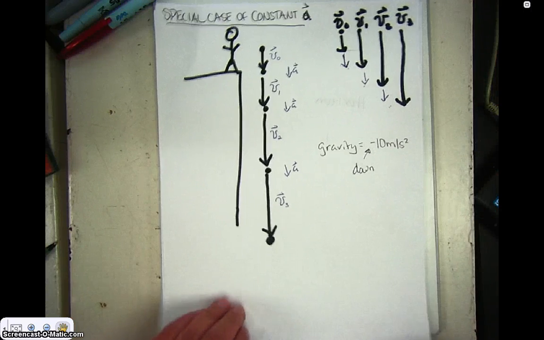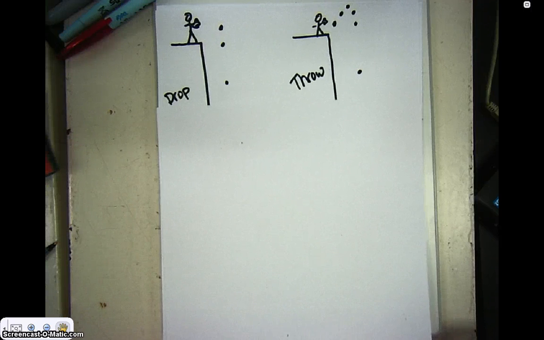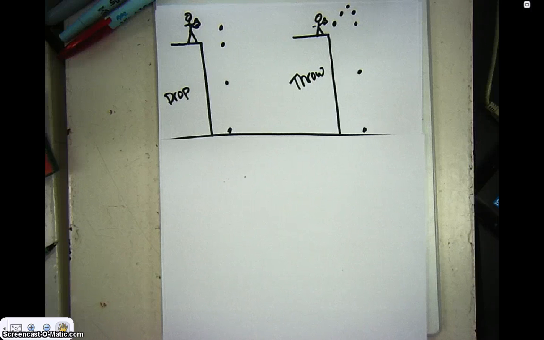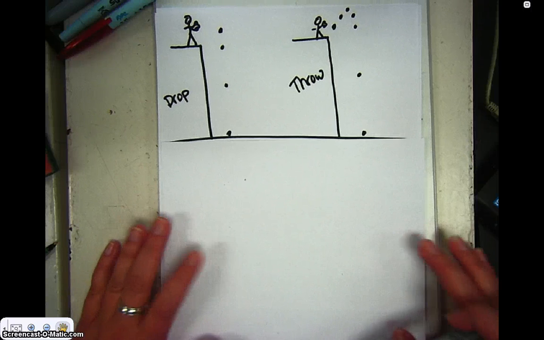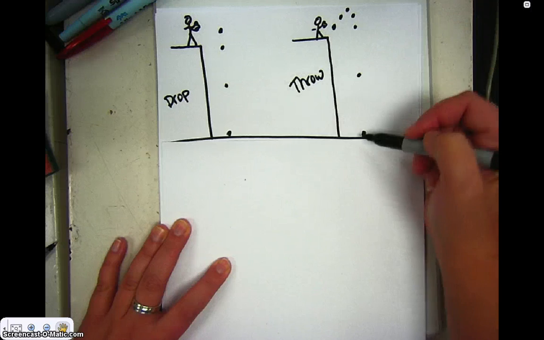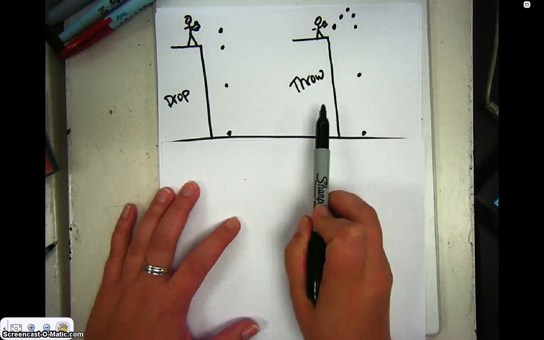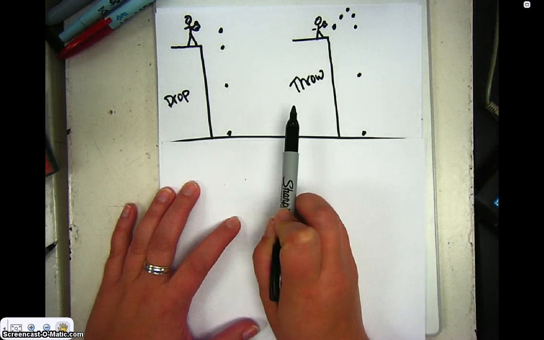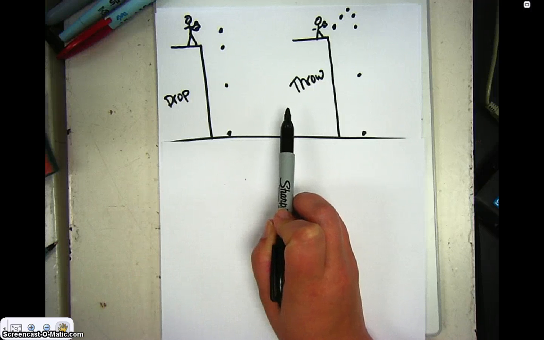Okay, so the scenarios that I'm going to give you are two scenarios. One where I am dropping a ball off the cliff, and another where I am throwing a ball up and off of a cliff. We're going to ignore any horizontal motion, so we're only going to be talking about the up and down, the vertical motion here.